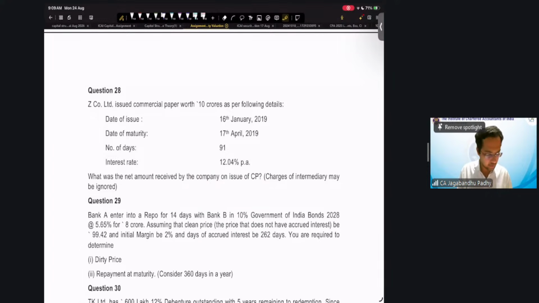Now, let's understand what is this commercial paper. Commercial paper is worth 10 crores as per the following details.